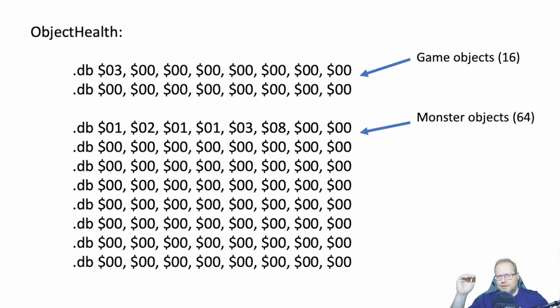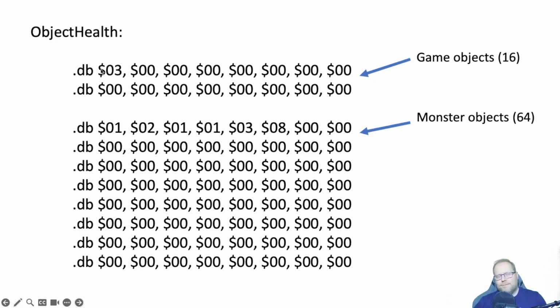And then if we want to create more objects, those are monster objects. So that's why we have this separation here, because it makes it easier to see that the first 16 entries in this table are for the game objects. The next 64 entries are for the monster objects.